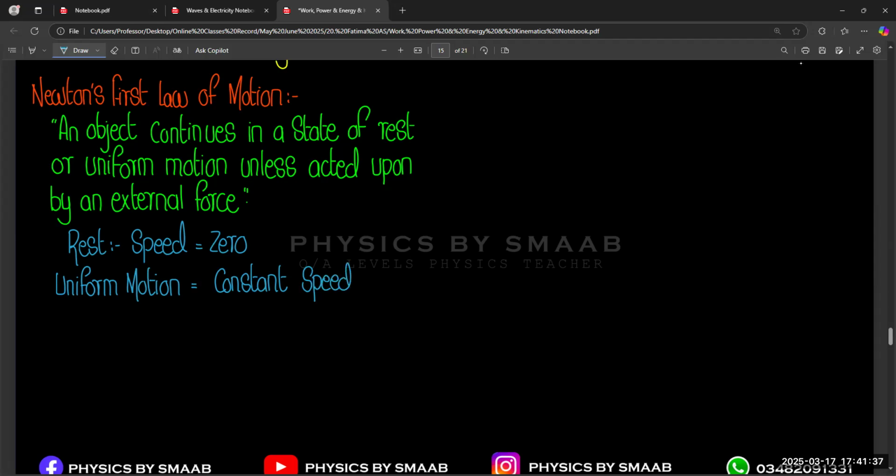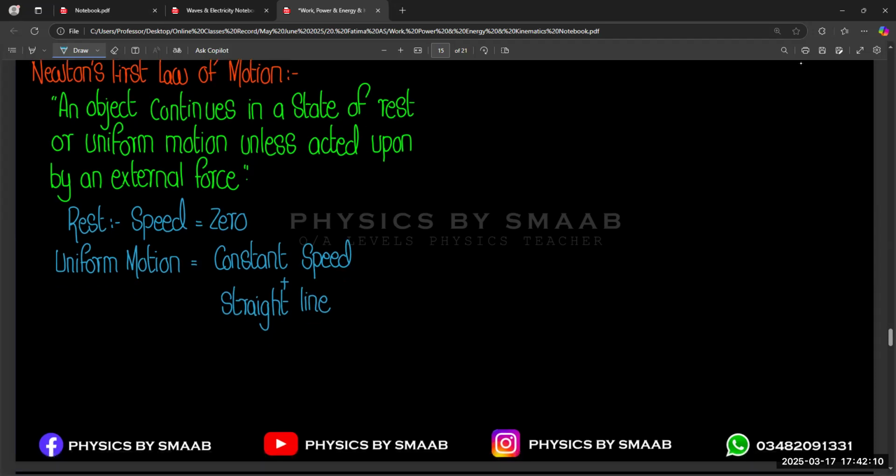And now we are also working with vector quantities, so constant speed plus the same direction, or straight line. So the motion of the body must be in a straight line, in the same direction with the same rate. These conditions are for uniform motion and the rest state. That's why we use the term uniform motion in our definition also.